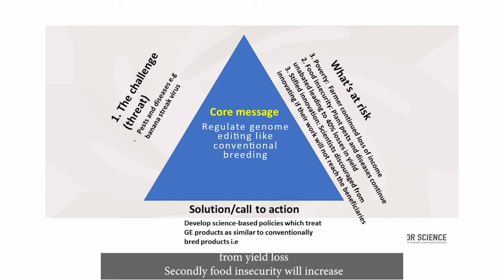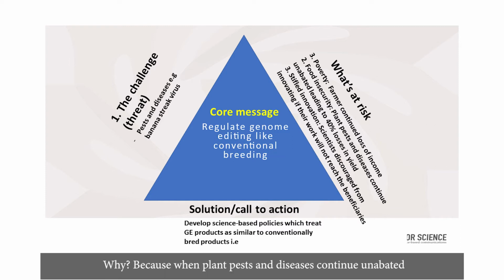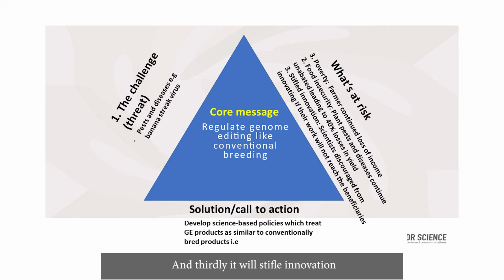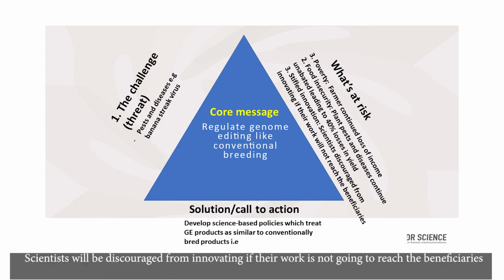Secondly, food insecurity will increase. Why? Because when plant pests and diseases continue unabated, they will continue to lead to 40% of yield loss on farmer plantations. And thirdly, it will stifle innovation.